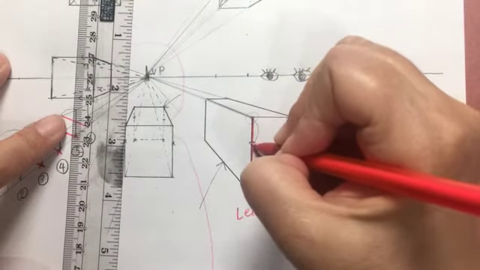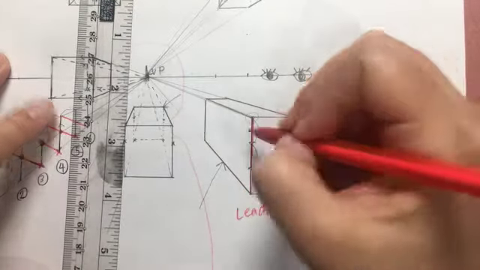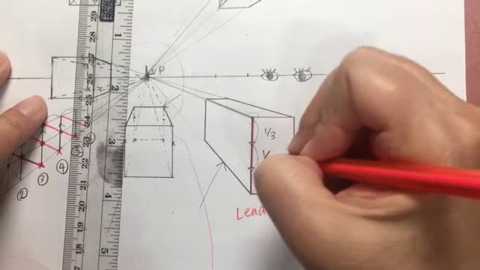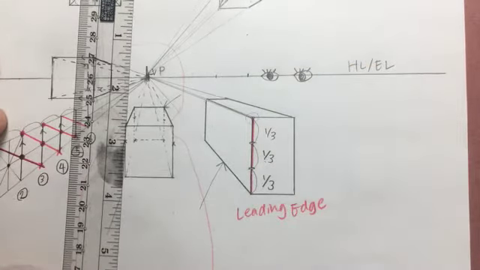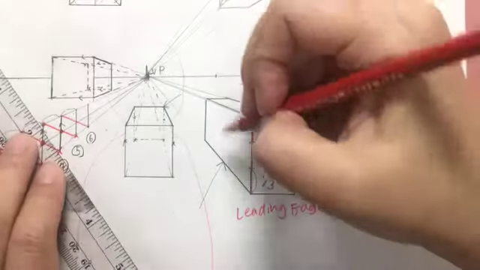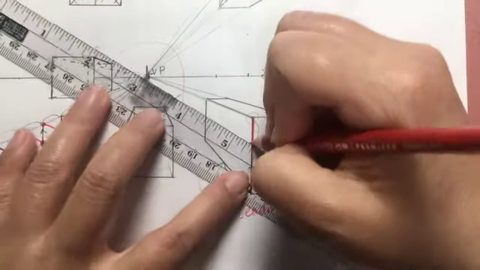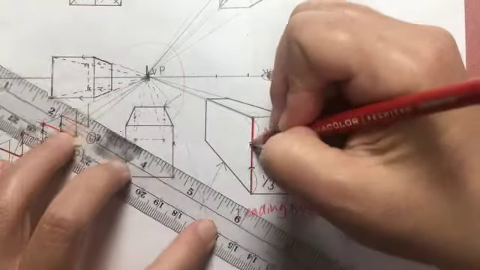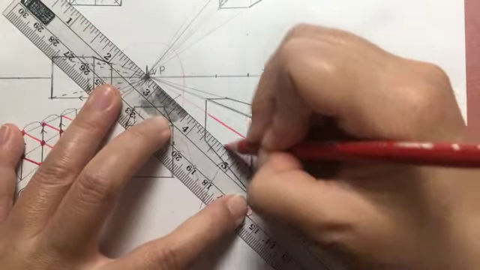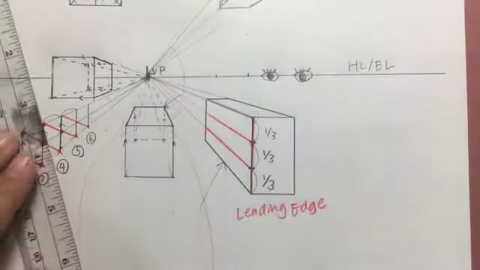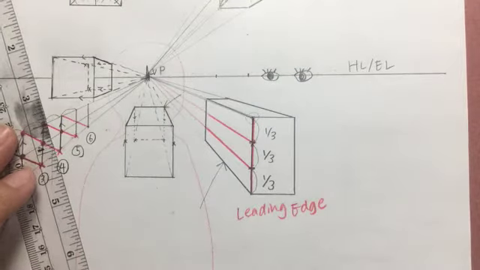So here and here and here are supposed to be equally divided, right? Then what you want to do is draw the guideline from the intersections here to the vanishing point, right? Great.